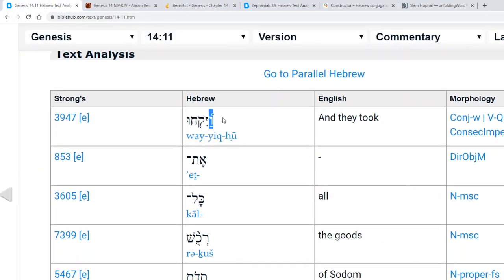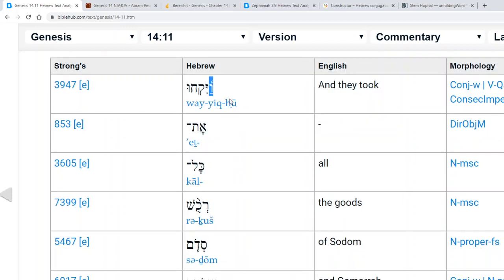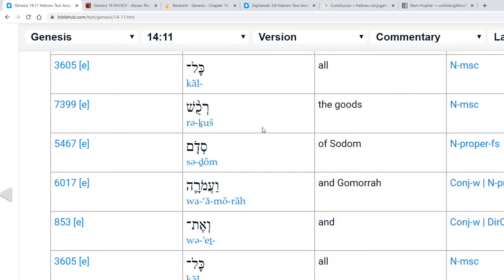Ve'yikhu. So conjunctive vav, the yud puts it into the imperfect. The vav is third person masculine, plural. I usually say that this verb is kuf het hey, which means to take, right? And the hey has absconded. Et is the direct object marker. Kol means all of.